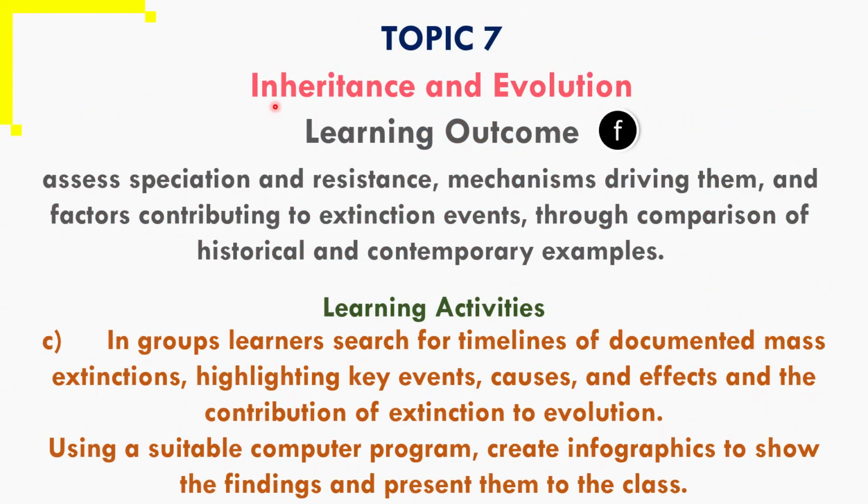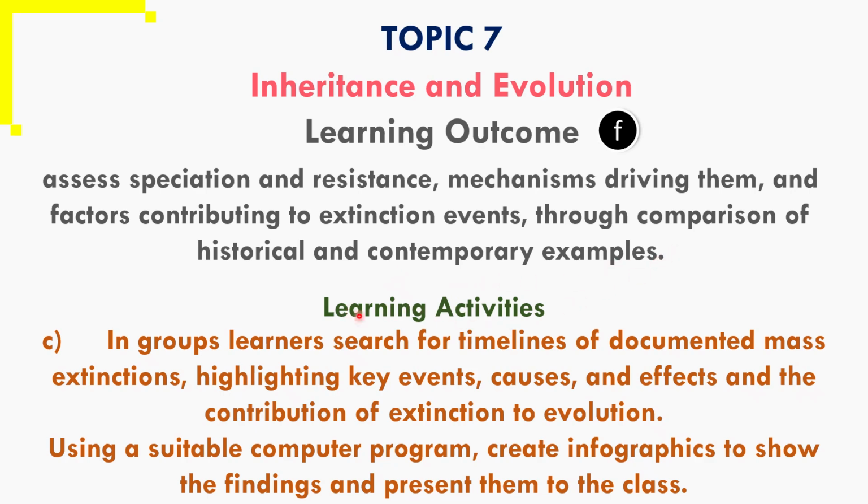Thank you very much for participating in Inheritance and Evolution. We have been looking at learning outcome F: assess speciation and resistance, mechanisms driving them, and factors contributing to extinction events, through comparison of historical and contemporary examples.